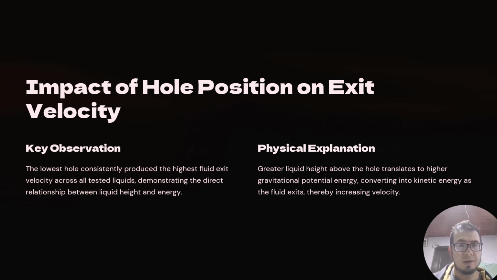On the other hand, oil, being less dense, showed intermediate velocities. Minor differences between theoretical and experimental values were attributed to measurement errors, internal friction, or turbulence in the stream.